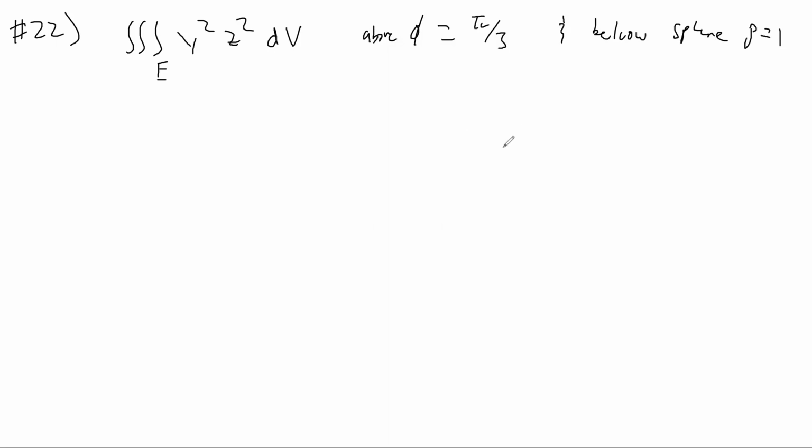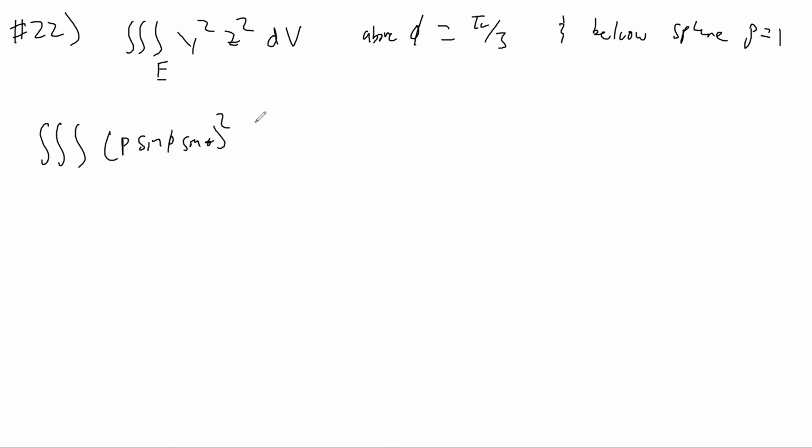All right. So yeah, I think we're pretty much done with this. They specified basically everything we needed for this question. So if we convert this, that's going to look something like, y is going to translate into rho sine phi sine theta, squared.